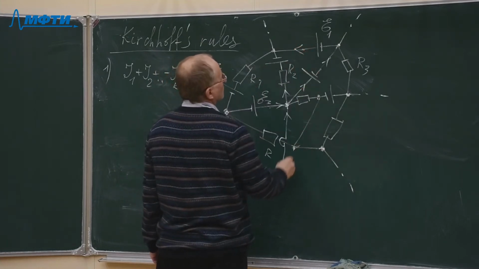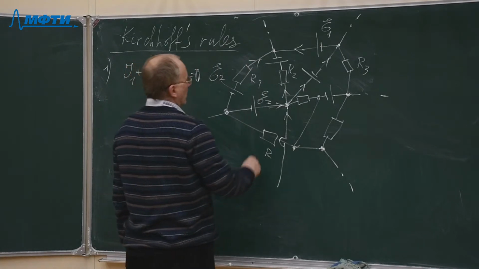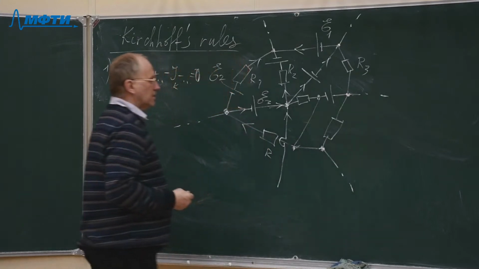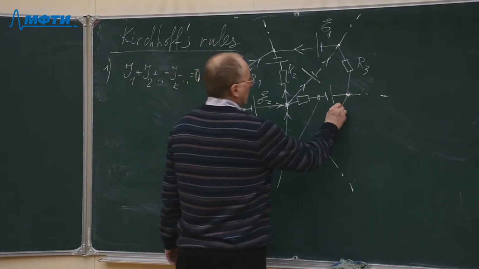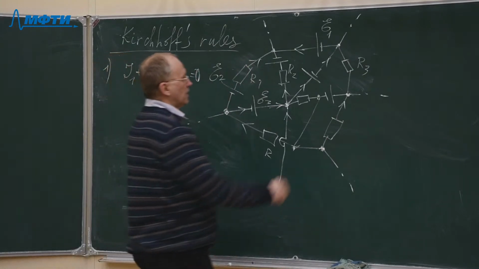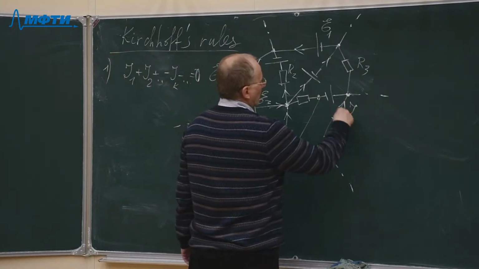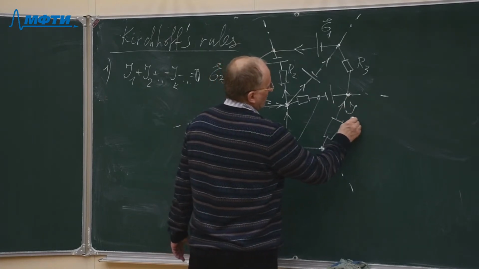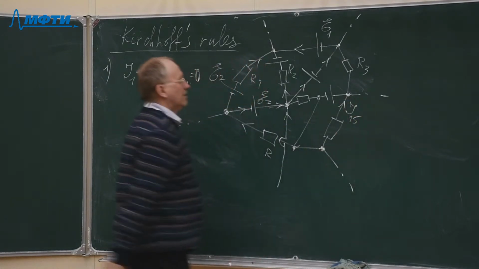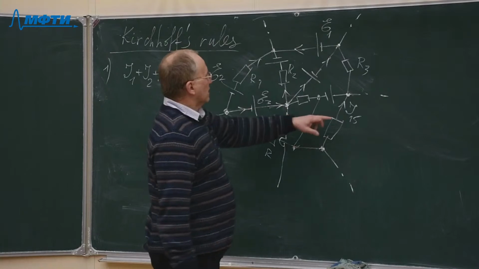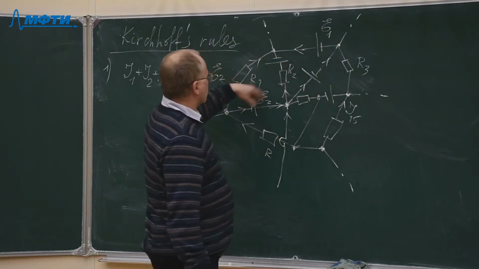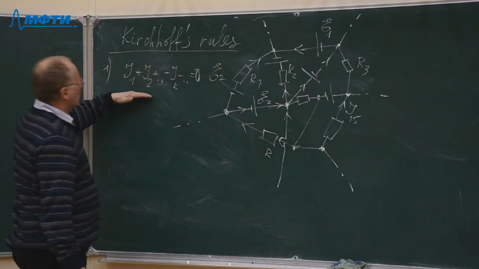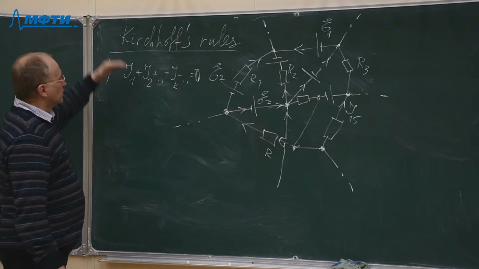We take each element in this circuit, assume the direction of the current, and denote this current by some letter or index, for example up to 15 if we have 15 currents here. Based on our assumption, we write down all the equations in Kirchhoff's law.